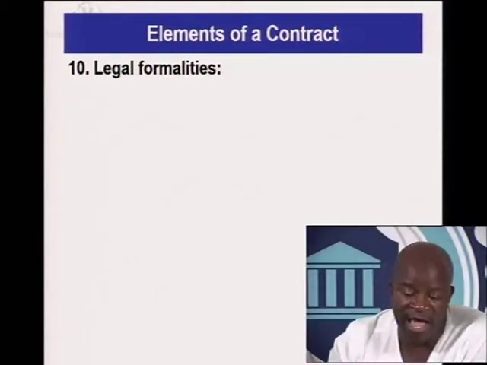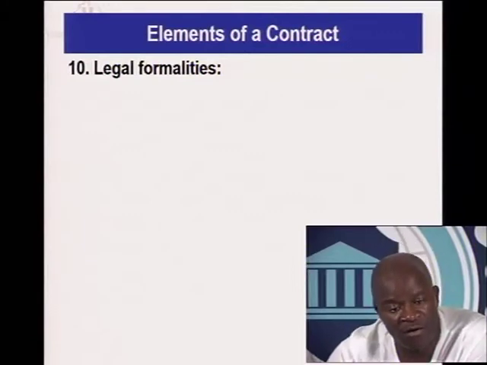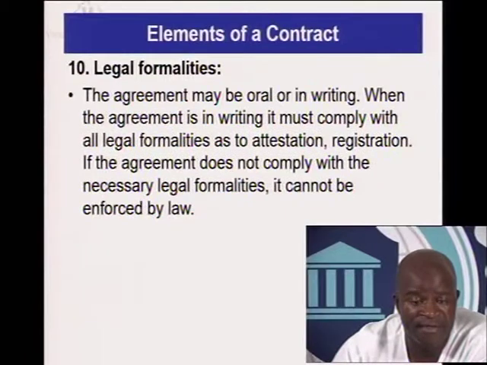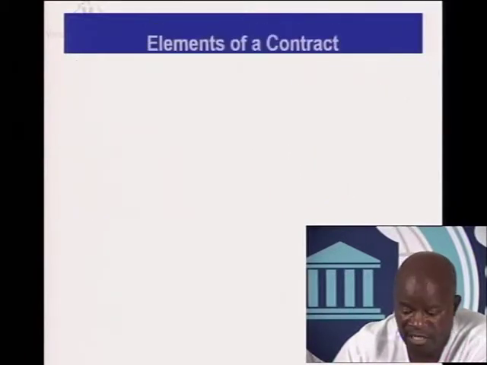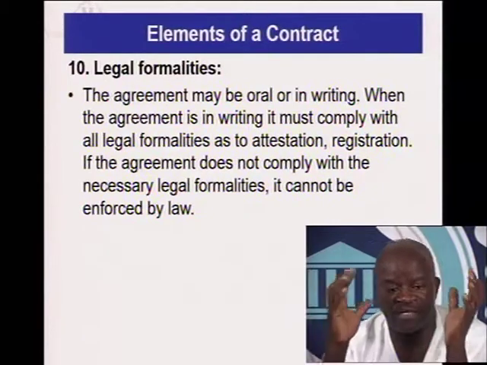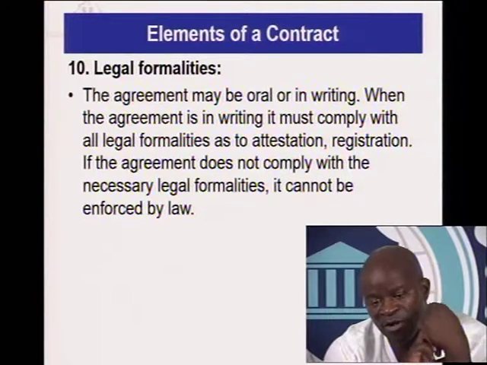You can say, I've got a contract on hire purchase, but it's just oral, not written down. So there are certain types of contracts where the law insists that these should be in writing, right? So that's the 10 elements of a contract, legal formalities being one of them.